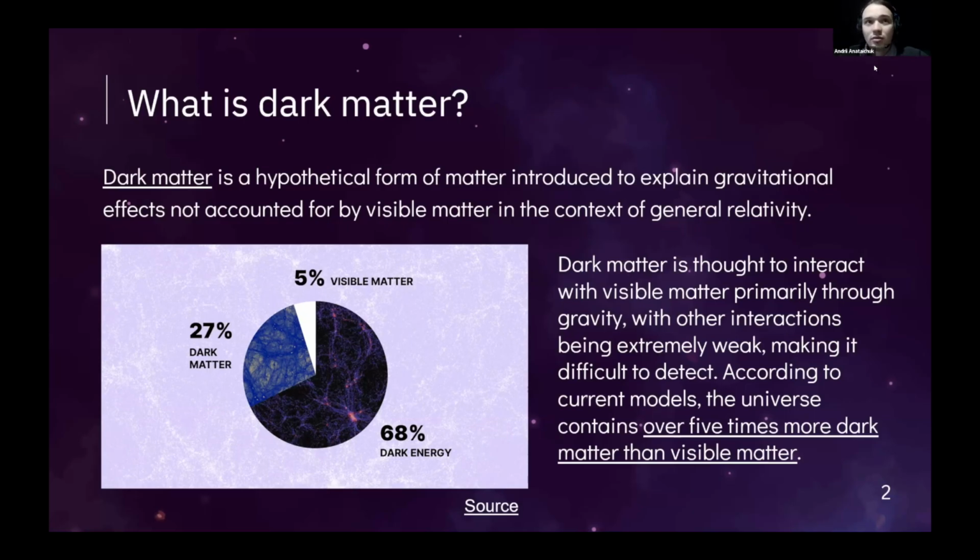It is generally assumed that it does not interact with any standard model forces and only interacts gravitationally. According to current models, the universe contains over 5 times more dark matter than visible matter, so it's important to understand what this matter is and where it's coming from.